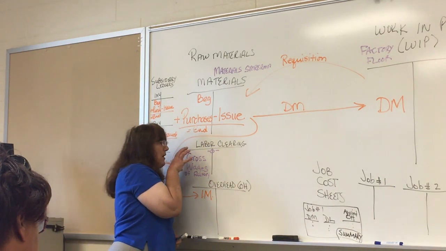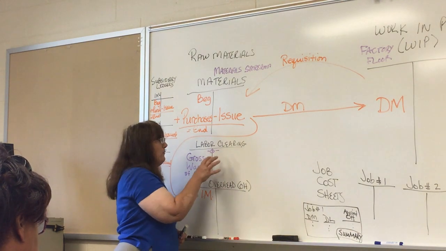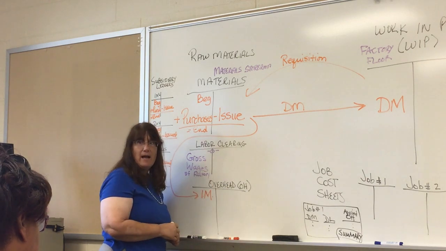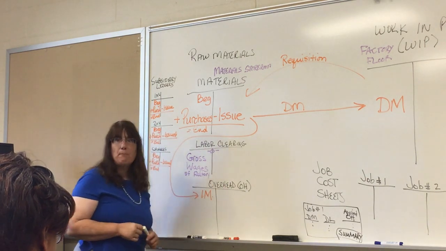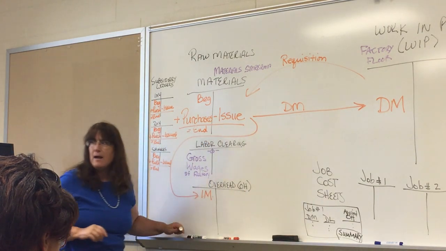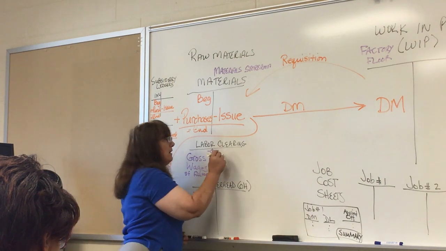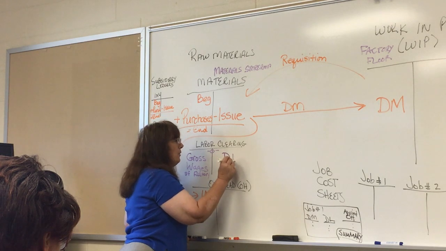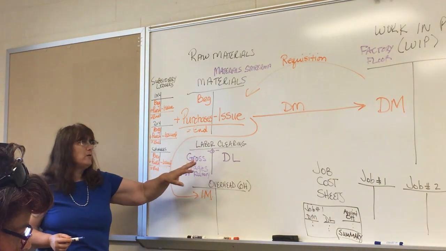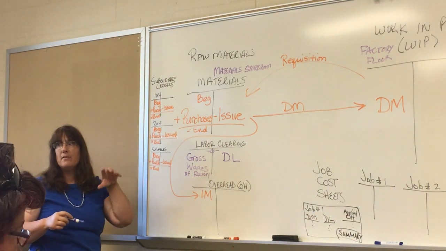Now, once I've put those gross wages in, I've debited labor clearing, I'm going to immediately turn around and credit them right back out again. But here's where I'm going to separate them. Just like when I issued materials, I had to separate it at that time. For accounting purposes, I'm going to do the same thing here. I'm going to take all of these gross wages that belong to the people who are actually working on building the jobs.